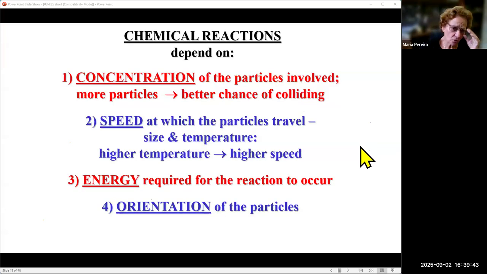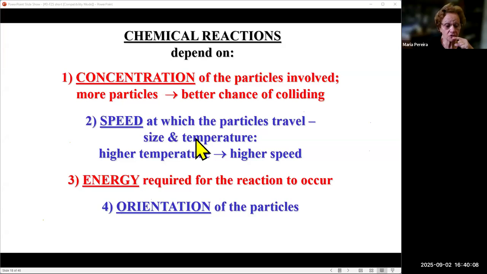Okay, so what are some of the parameters or factors that control the speed of a chemical reaction? First, the concentration. If you have more particles involved, there's a better chance of them colliding and therefore reacting. So it depends on the concentration of the particles.